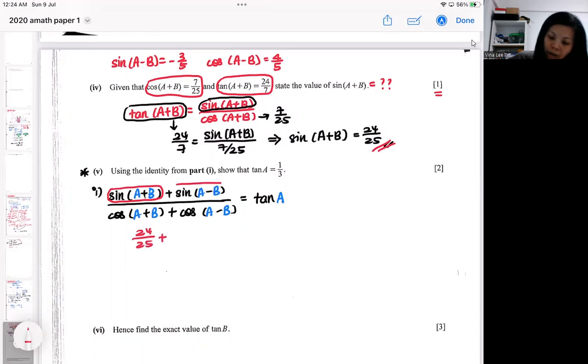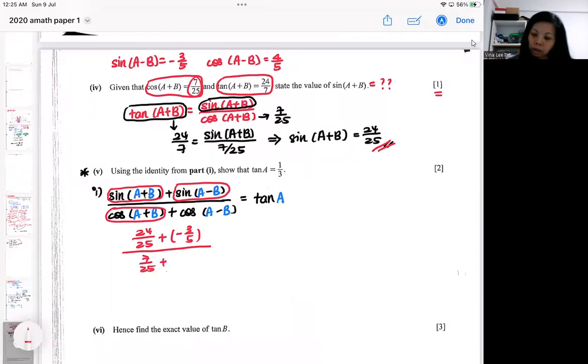This was the one that has been given. And this one is also given, 7/25. Then cosine A minus B has also been found. So you just need to punch the calculator. You should be able to get tangent A equal to 1/3. So all the individual values are already found.